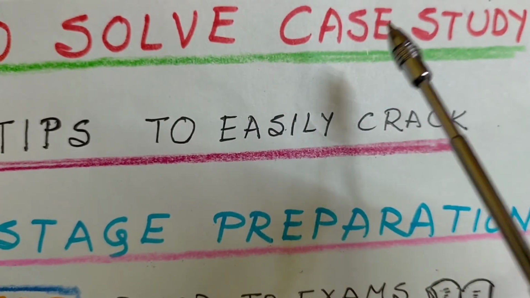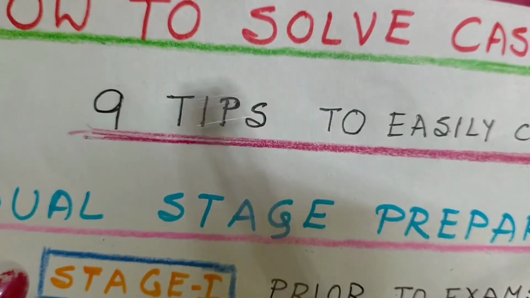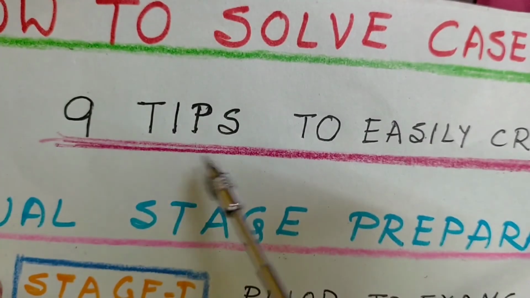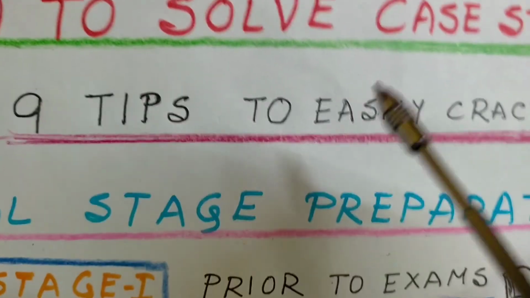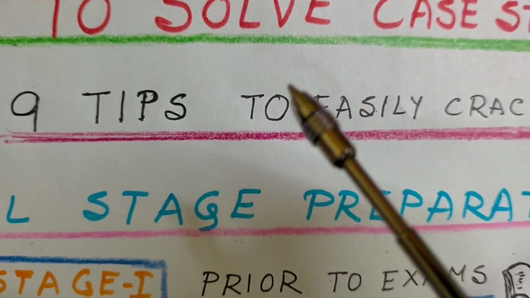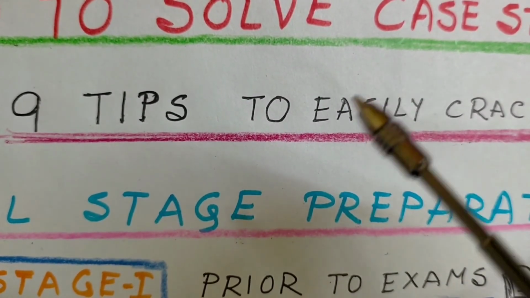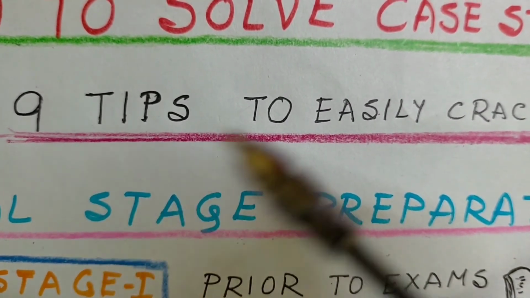So if we are solving the case by following these 9 tips, and also by placing ourselves in place of the character which is given. Sometimes the character may be a female character and I might be a male person. Sometimes the character may be a male character and I might be a female person.